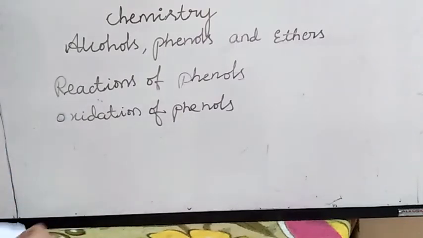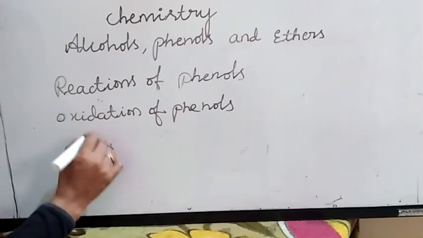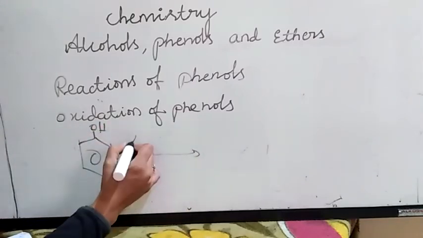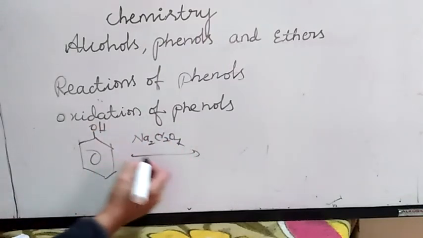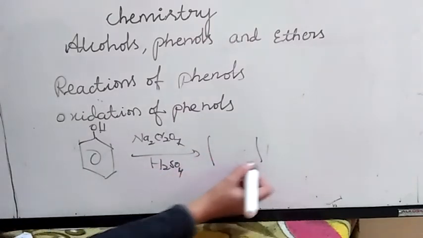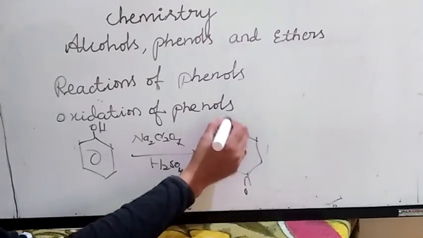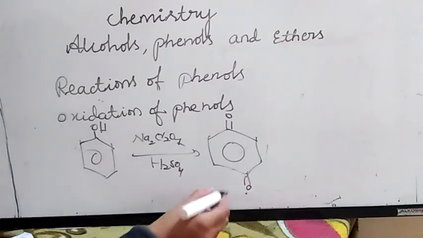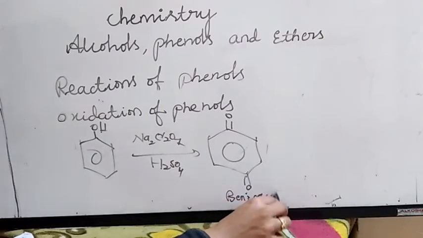So, chromic acid, Na2Cr2O7, sodium dichromate, chromic acid, whatever. When phenol reacts with Na2Cr2O7, chromic acid, in presence of H2SO4, sulfuric acid, we are going to get a diketone. See here, the product is very nice to see. This is called benzoquinone.